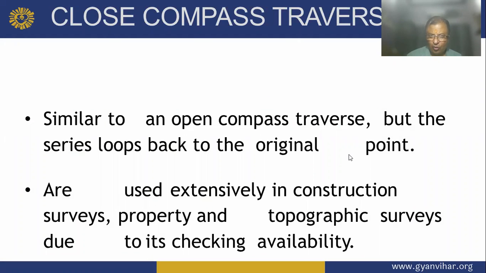Similar to an open compass traverse, but the series loops back to the original point. It is huge and extensive in construction survey, property and topographic survey due to its checking availability.